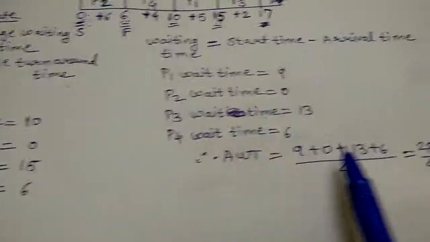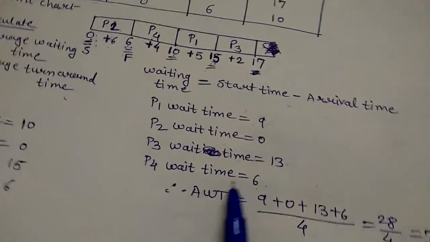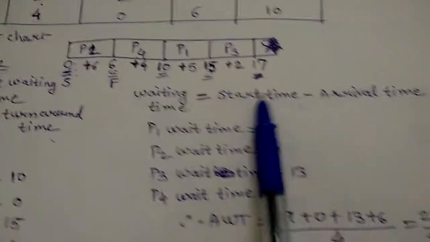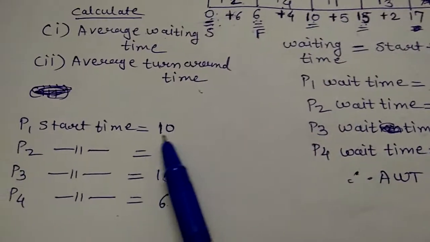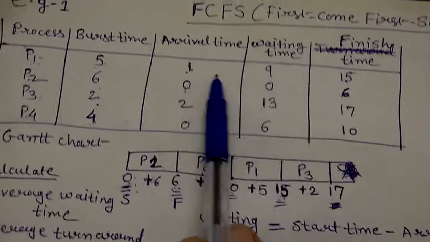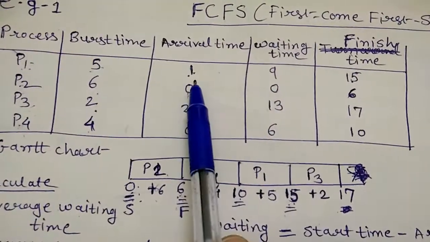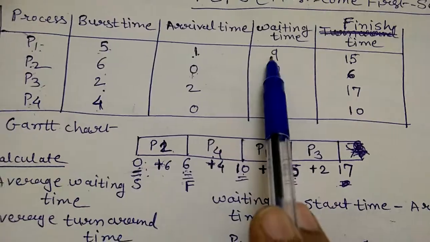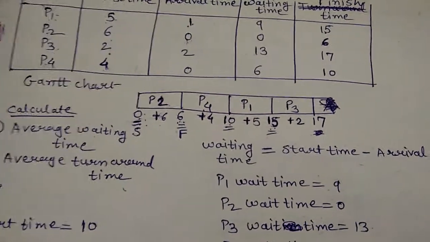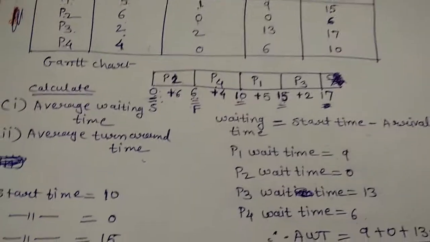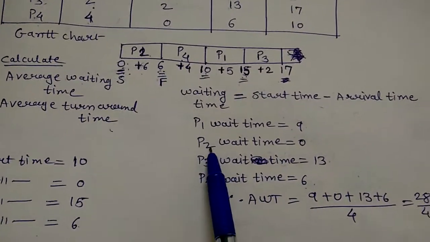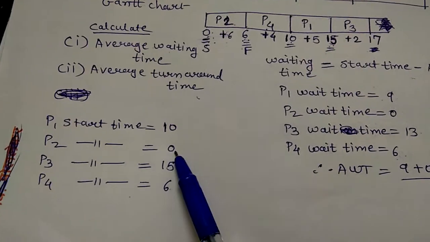Okay. Now, what we are going to do here? Start time minus arrival time. So, the start time is 10 minus arrival time, 1. So, 10 minus 1, 9. Now the next, P2. The start time is 0.